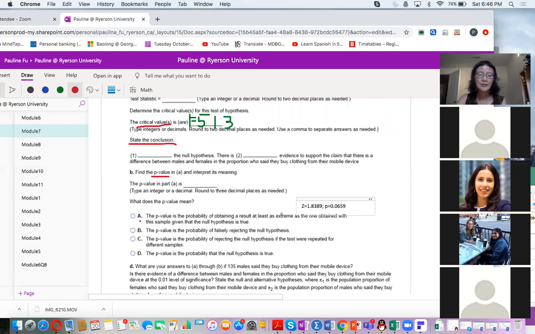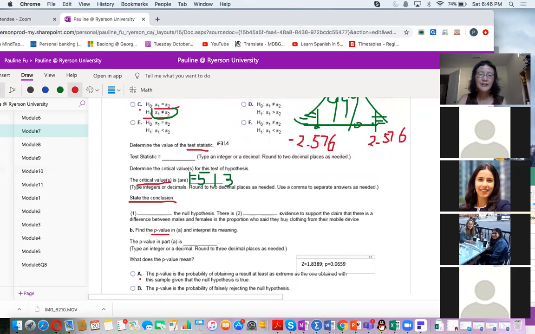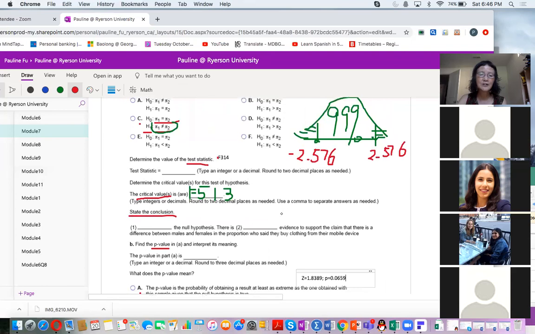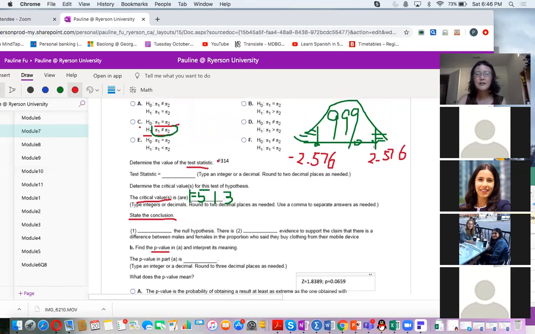So the conclusion is based on how you draw the conclusion. You have critical value 2.576, and your test statistic, see, we got from calculator, 1.8389. Okay. So this is your test statistic here. The absolute value of test statistic is smaller than here.